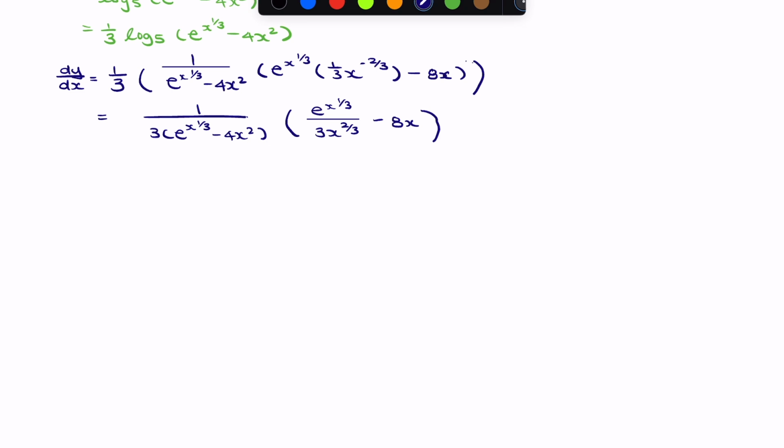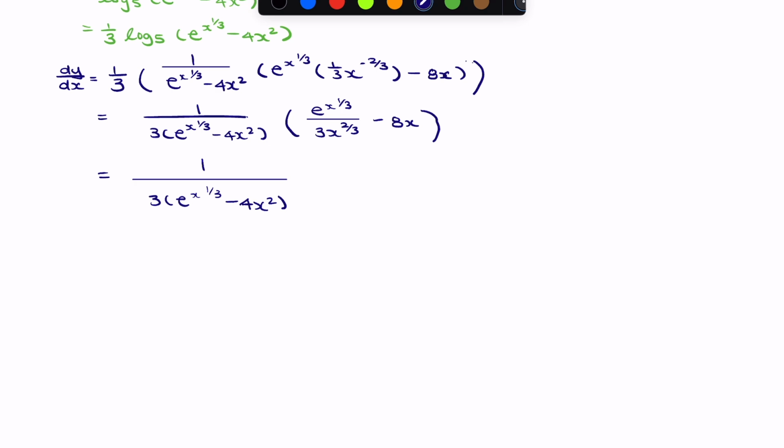Here, if we continue on, simplify, we can rewrite as 1 over 3 and e to the power of x to the power of 1 over 3 minus 4x squared. And here we can simplify it by finding the common denominator of 3x to the power of 2 over 3.